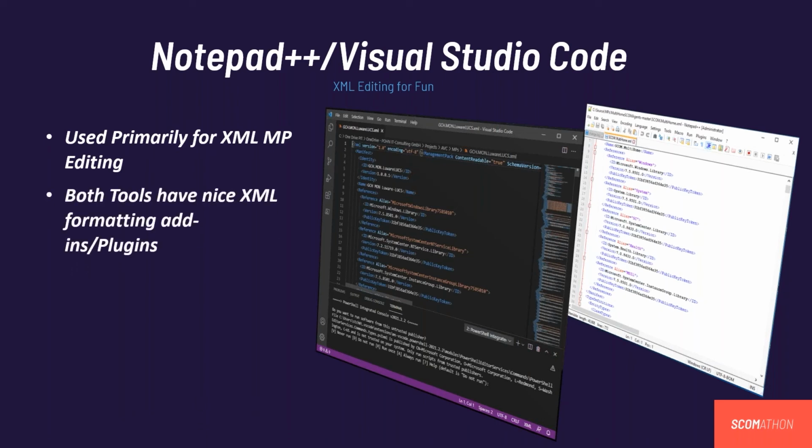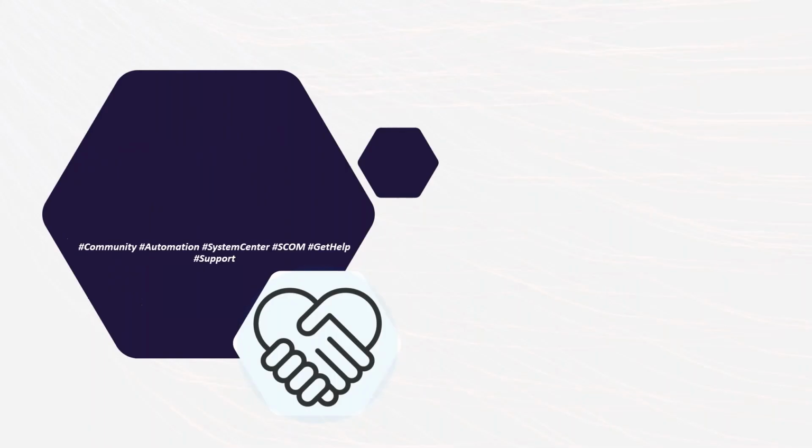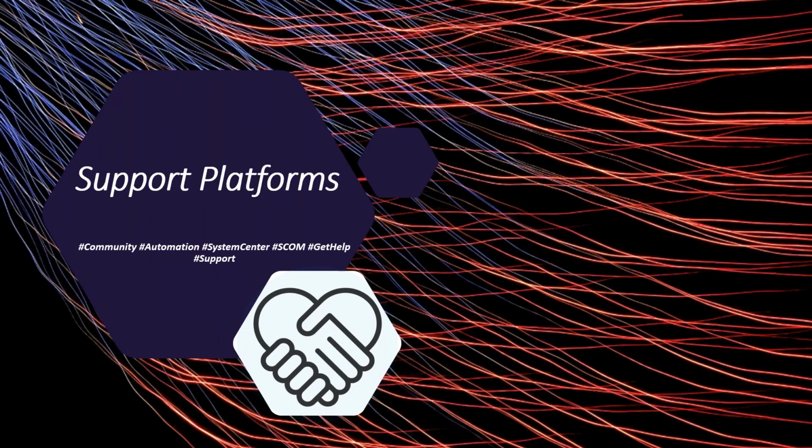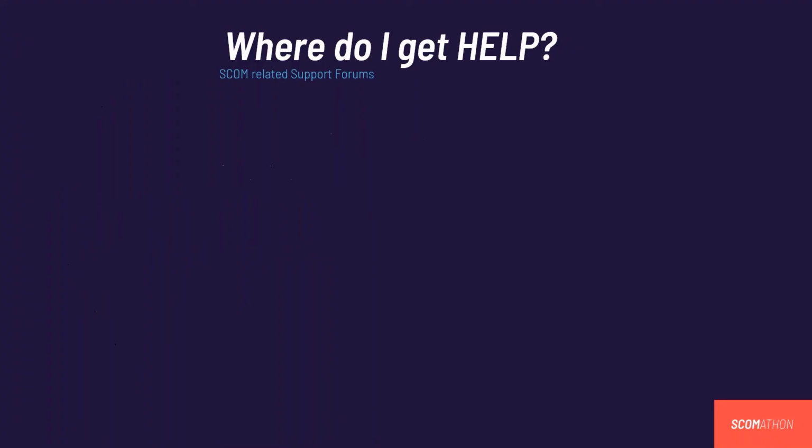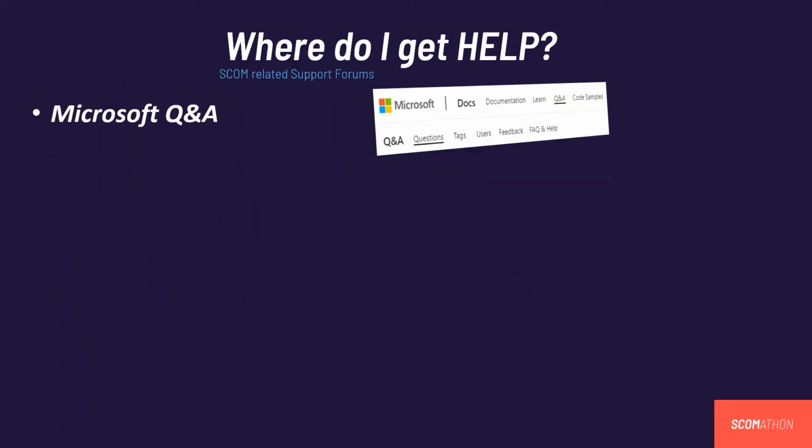And I think if you allow me, the last thing we are going to cover today is support in SCOM, or support platforms. There are a number of support platforms out there, starting with Microsoft Q&A. So if you're asking yourself where do I get help, I would say number one would be Microsoft Q&A.